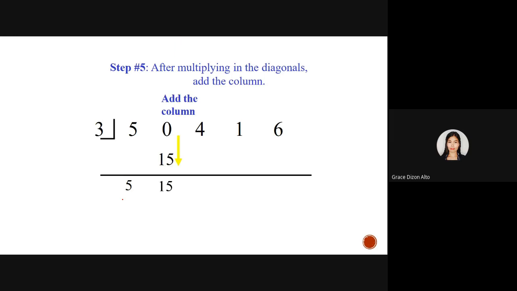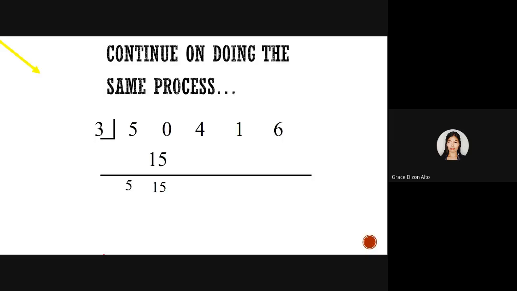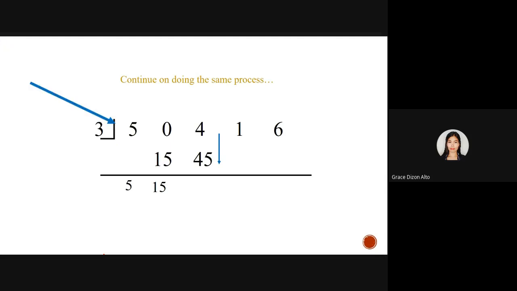Then we go back to the process of multiplying the value of a with our sum. So 3 times 15 is 45, and we follow through by adding 4, that is 49. Multiply again the sum with the value of a, 49 times 3, we get 147.